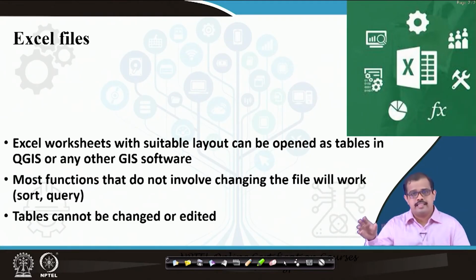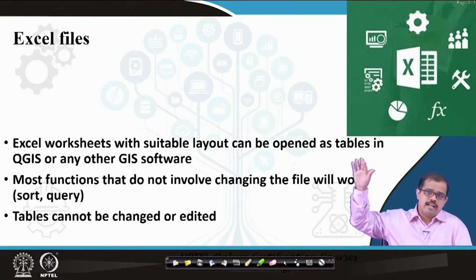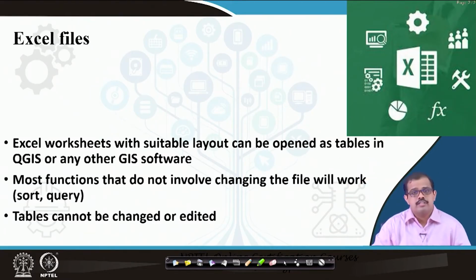He puts it in the Excel sheet. So you have the name of the place, the temperature sensed, the lat long, xy values, and any other attribute information collected. That is nothing but a sheet. It is just like paper printed with a number of boxes.